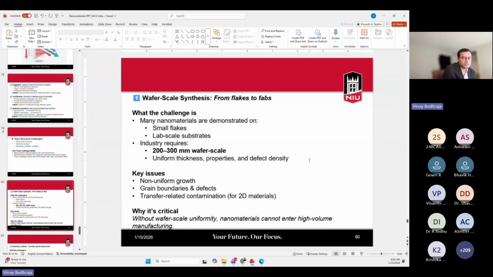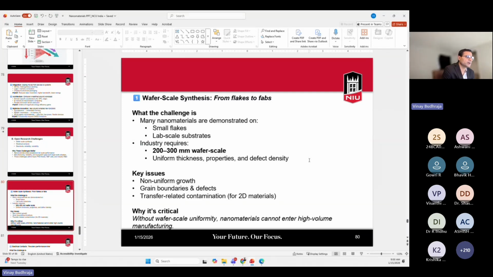But the requirement is that you have to produce the wafer, and not only the wafer, a high quality wafer which has high lifetime and high diffusion length, which is challenging with the nanomaterials.